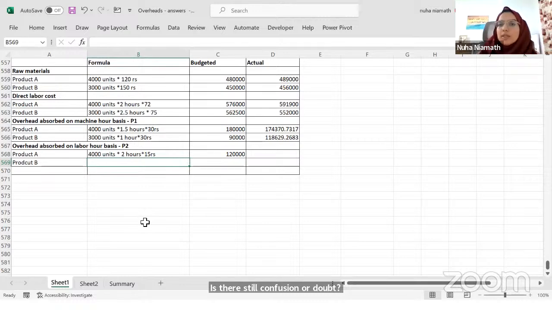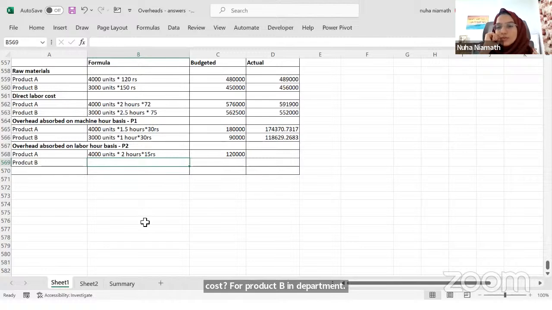Okay, can somebody tell me what is the second formula for product B? How will we calculate that? Can somebody tell me how will we calculate the budgeted cost for product B in department P2?